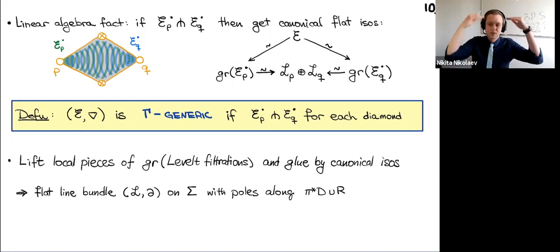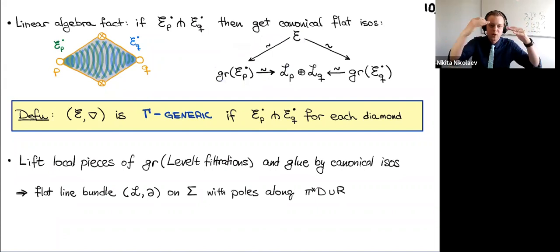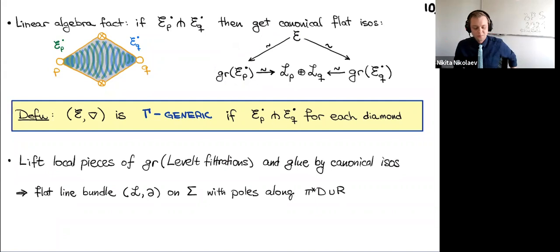You now use the oriented double cover of your Stokes graph to tell you exactly which piece of this associated graded you need to lift to which sheet of the spectral curve. And then you continue using these canonical identifications in order to extract canonical gluing maps between the different pieces. And that builds for you a line bundle with connection on the entire spectral curve, sigma.